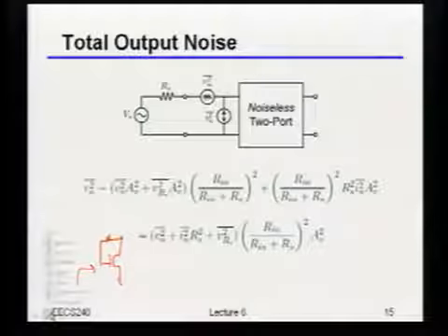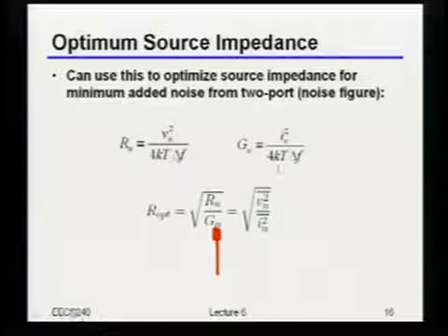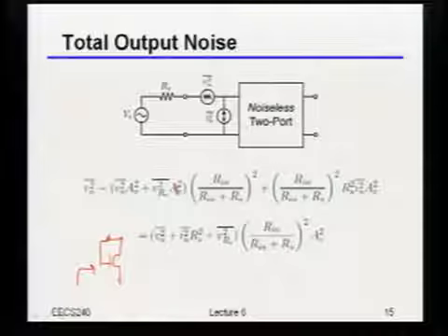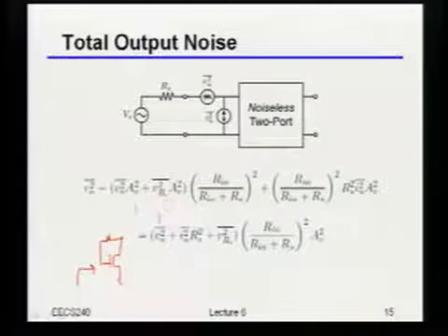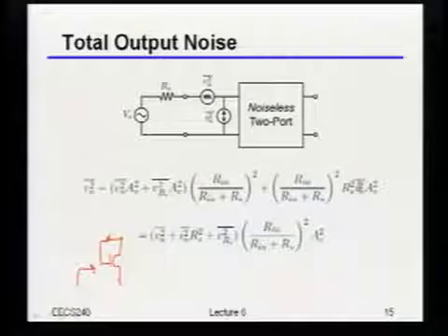But we have to be a little careful, because if there is any correlation, then all the calculations we did, or really all these equations that I wrote here, wouldn't exactly work, because I couldn't just take, for example, Vn squared and add it to the contribution from In squared directly. If there's some correlation, physically it's the same source of noise.